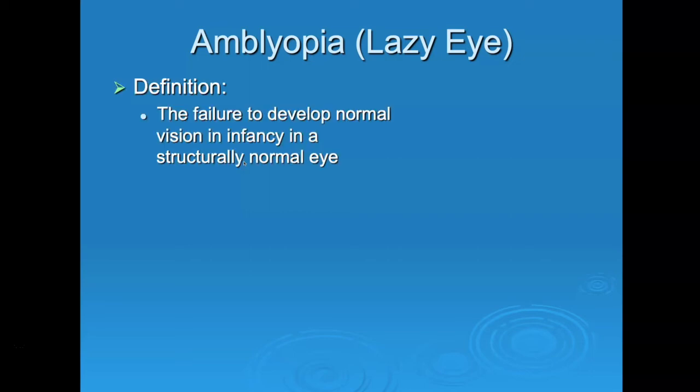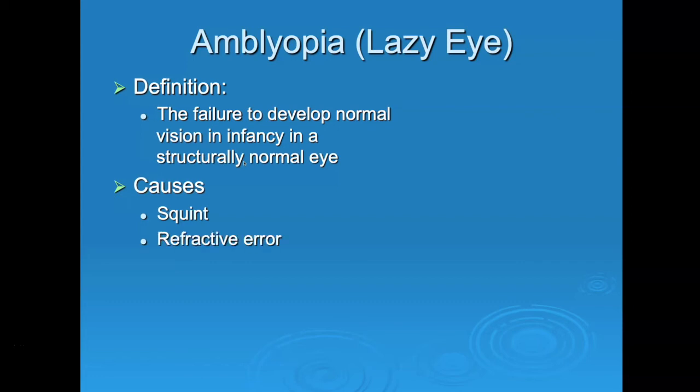I'm briefly going to talk about amblyopia in the setting of eye diseases. Amblyopia is also called a lazy eye and is a visual impairment due to the failure to develop normal vision in infancy in an otherwise structurally normal eye. It can be caused by a squint, whereby the child just ignores the second image from the deviating eye.